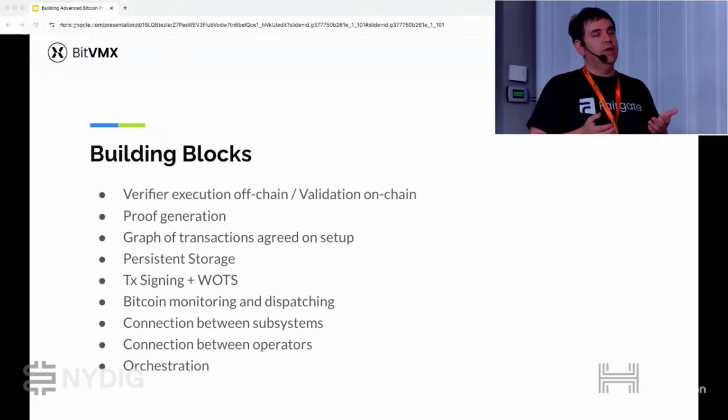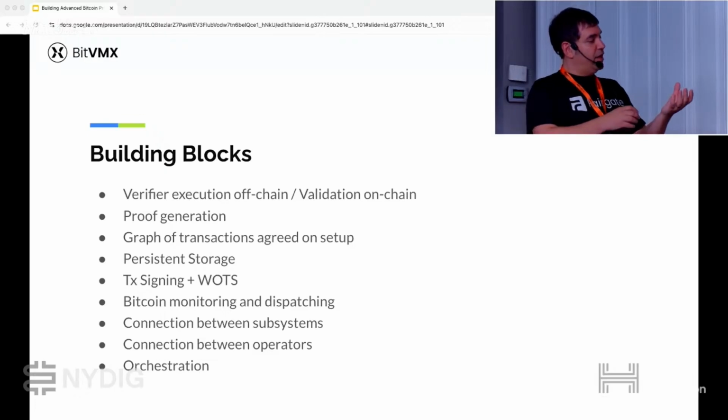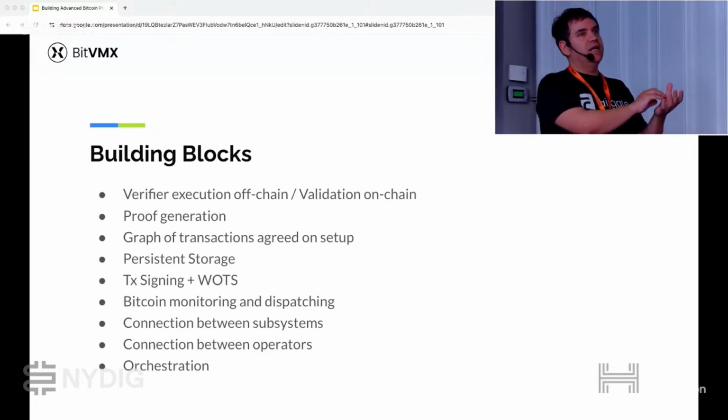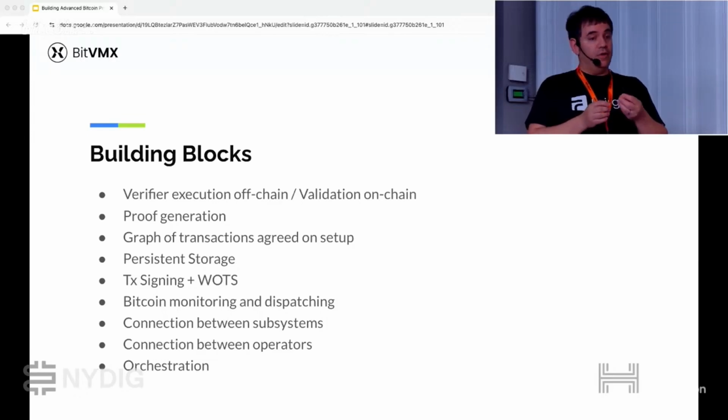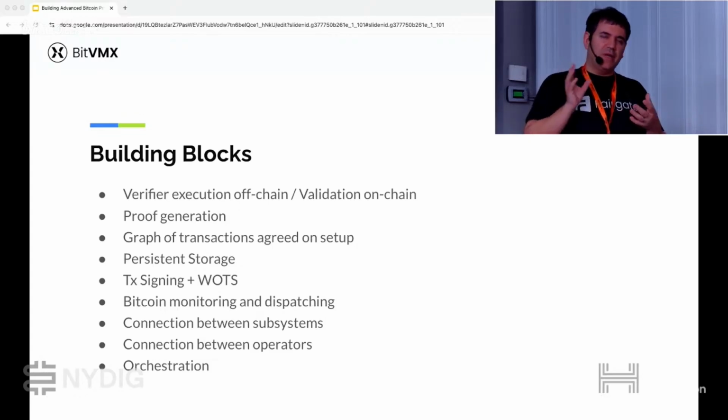As you might know, Bitcoin script doesn't have reflection on other transactions. You cannot go and get the input that another party put in one transaction and use it in the next transaction. To solve that problem, we are using Winternitz one-time signatures as the way to build those kinds of connectors that Roy mentioned.